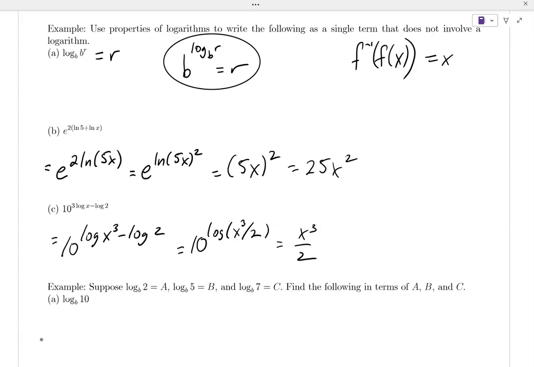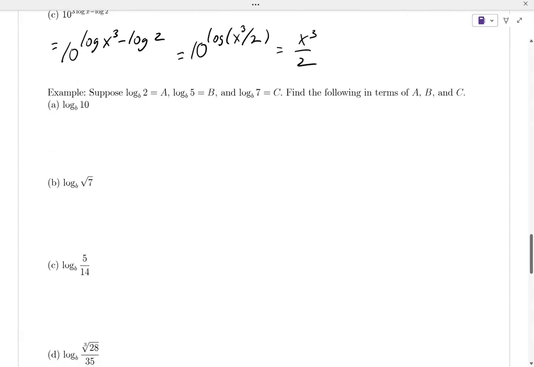Same idea here. If you've got an equation that involves an exponential function, you might want to take a logarithm. If you've got an equation that involves a logarithm, you might want to do an exponential. So we'll talk about that in the next section when we get to it. Any questions about either of those two before we go on?